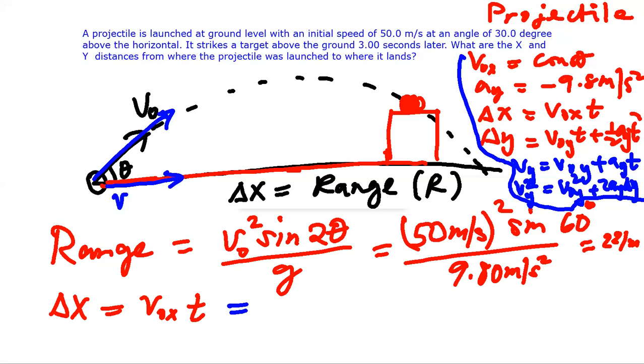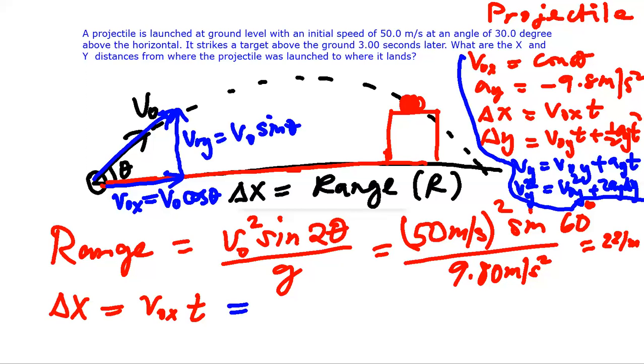That is cosine. Okay, v o x is v o cosine of theta, and v o y is v o sine of theta, right?